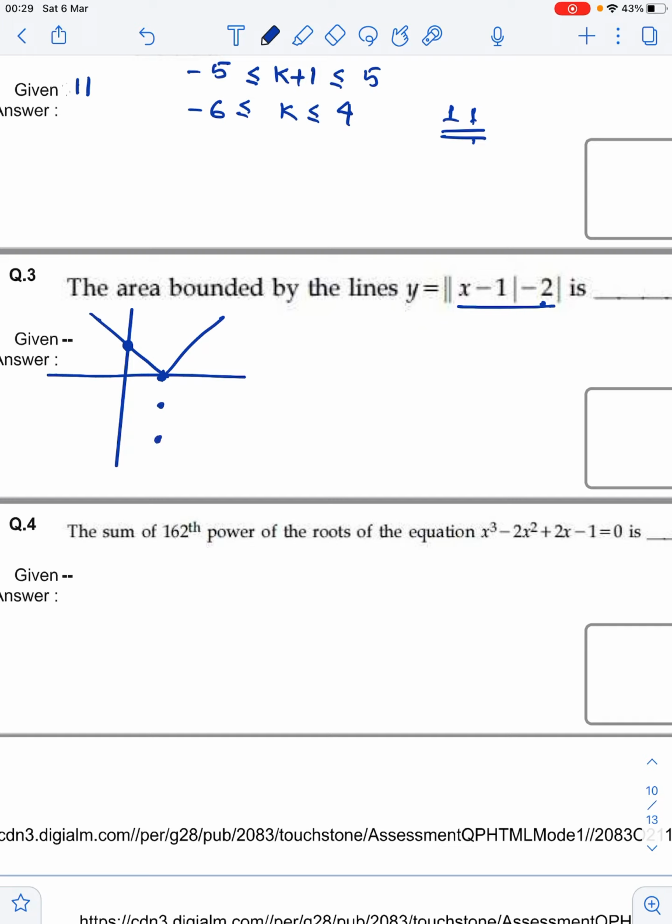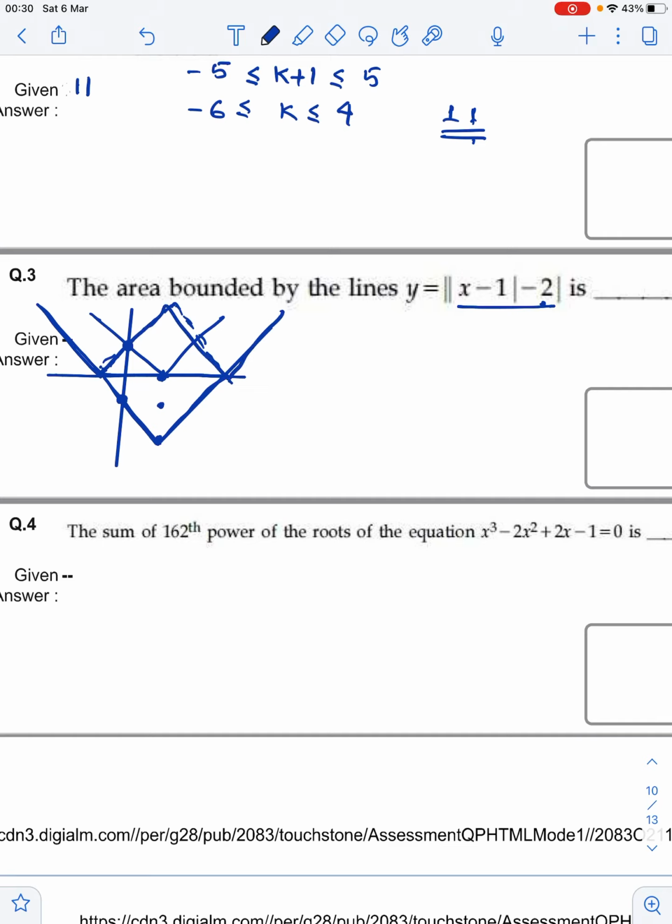So 2 units I have to pull it down. So this plus 1 becomes minus 1. So somewhat this graph. And then again modulus. So this negative triangle goes to positive. So this minus part is again passing through positive x. Somewhat like this. This is the graph.